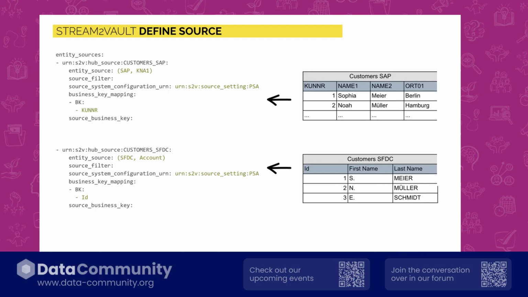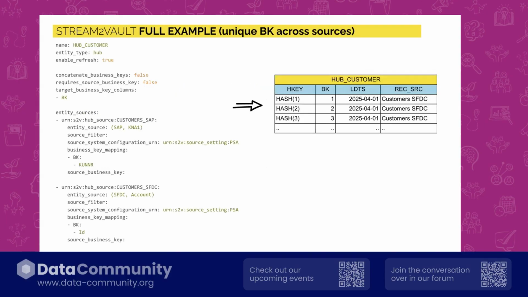If we stitch it all together, having a hub with two sources, it's nothing more than the template you see on the left. That's approximately 20 to 30 lines of code, which is pretty standardized.